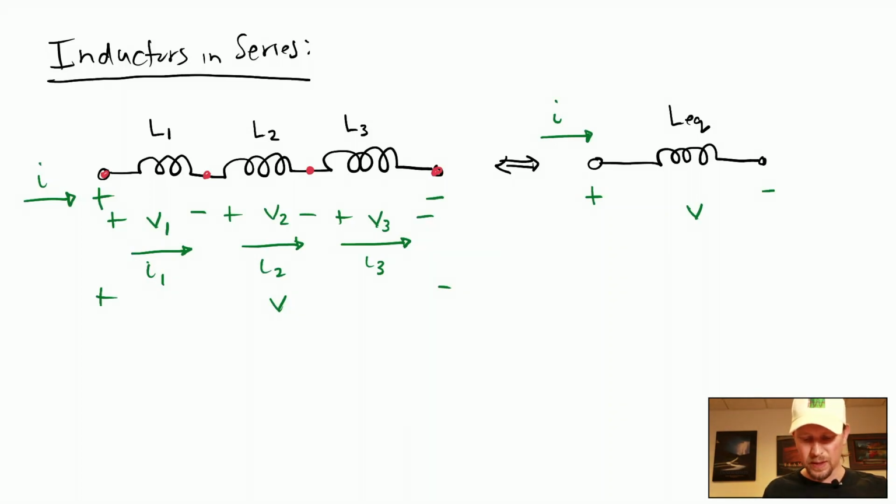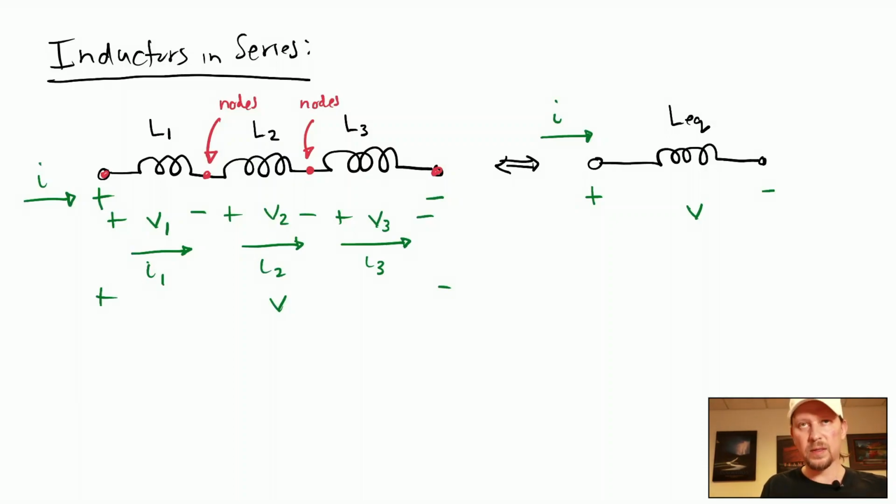Now, one of the things that we can definitely say, and this is something that's going to simplify our analysis quite greatly, is at each one of these nodes, I can actually apply KCL. And if I apply KCL at each one of those nodes, remember, whatever current's flowing in is the same current that needs to flow out.